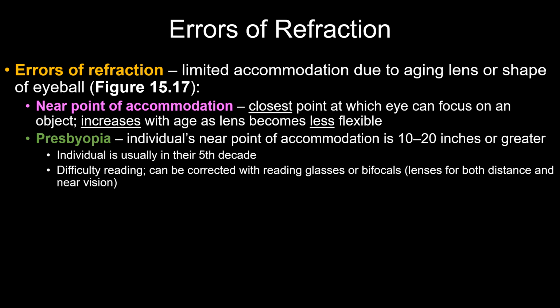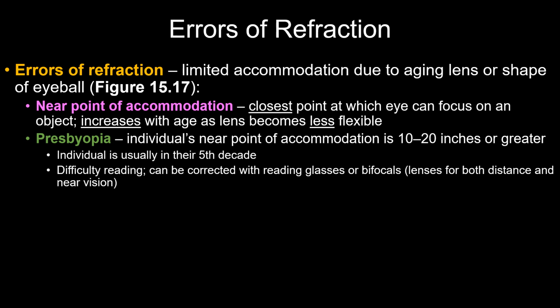Infants have typically very flexible lenses, and they can focus on things only a few inches away from their eyes. And then as we age, our lens gradually stiffens up, and it cannot accommodate very well. By the time we're in our mid-40s, the near point is approximately 10 to 20 inches, and people will typically have difficulty with reading.